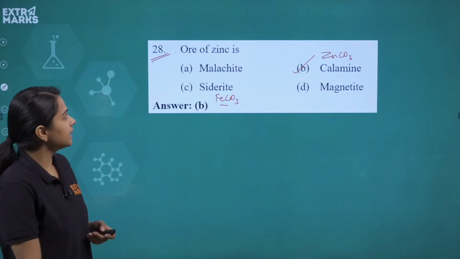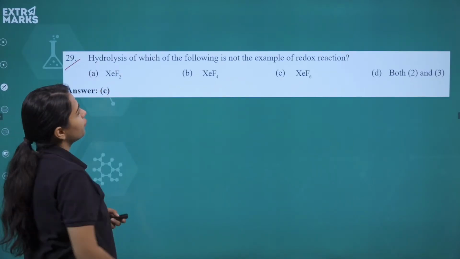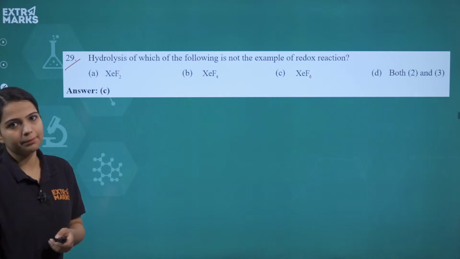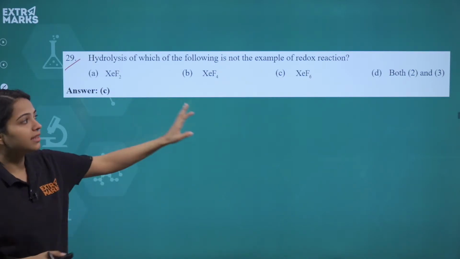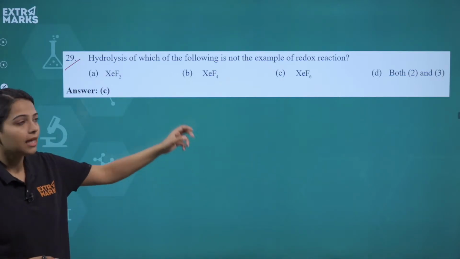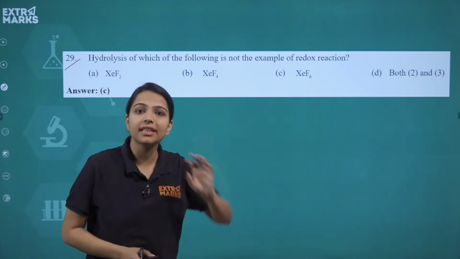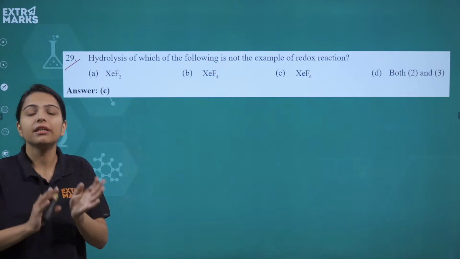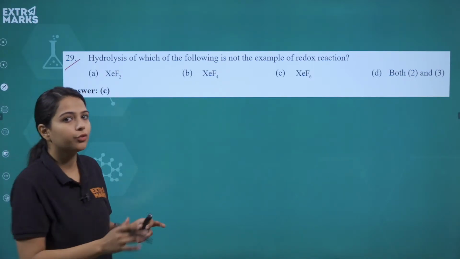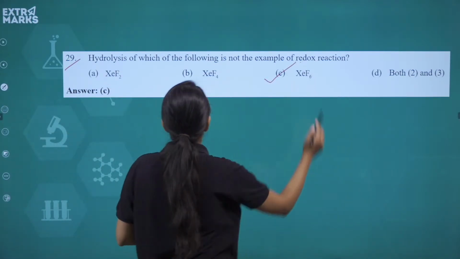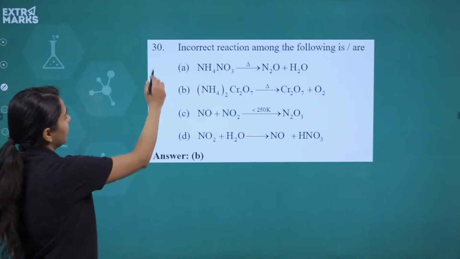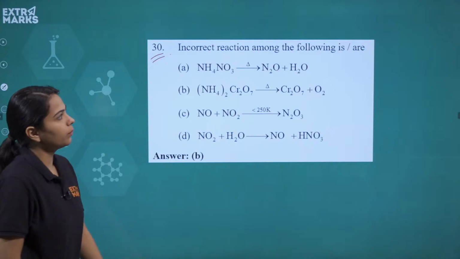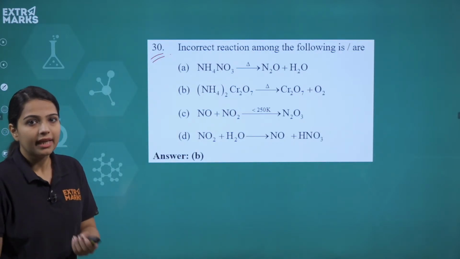Alright, next is 29. Hydrolysis of which of the following is not an example of a redox reaction? You have to check which is not an example of redox. When you see this, XeF6 is not going to give you a redox reaction. The rest are all going to give you redox reactions. So the answer is option C here. Alright. Question number 30. Incorrect reaction among the following is or are what? Incorrect reaction is asked.